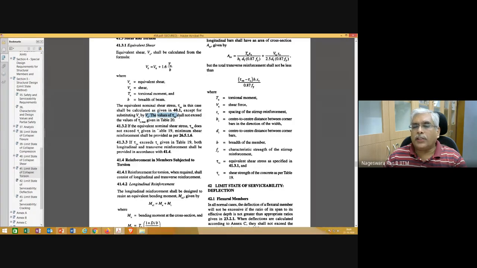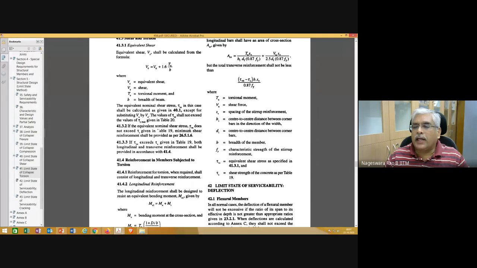You need to ensure that, otherwise you need to revise your design, changing the dimensions of the section and other things. And once tau V is not exceeding tau C max, then you find the difference between tau V and tau C, and for that you need to provide the reinforcement.